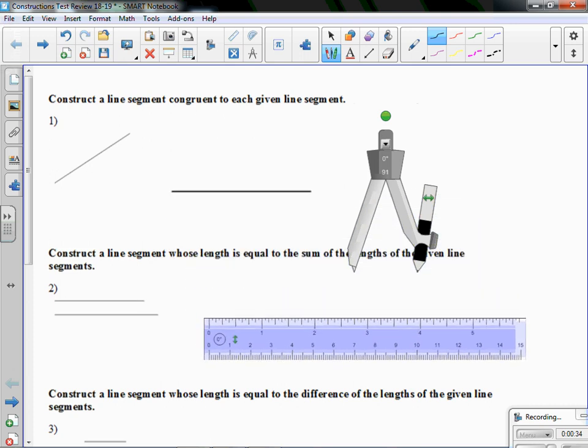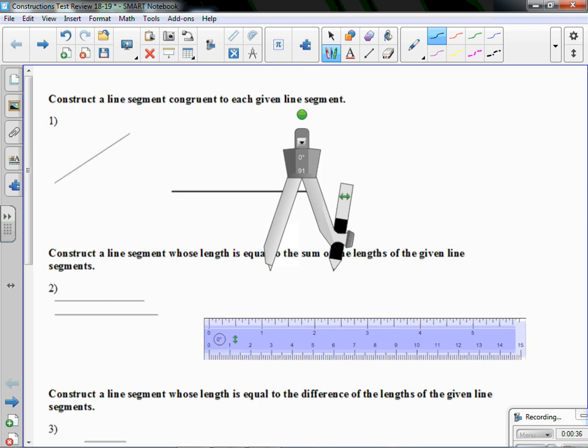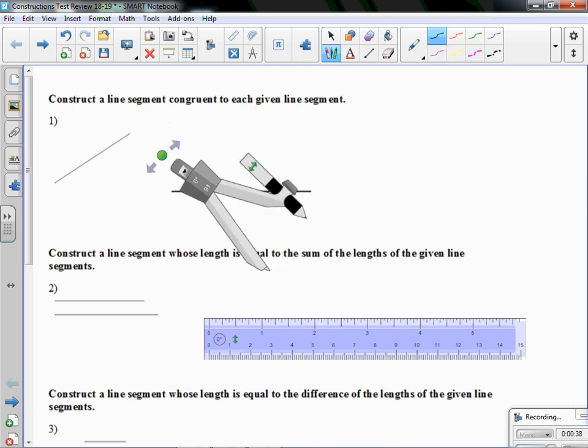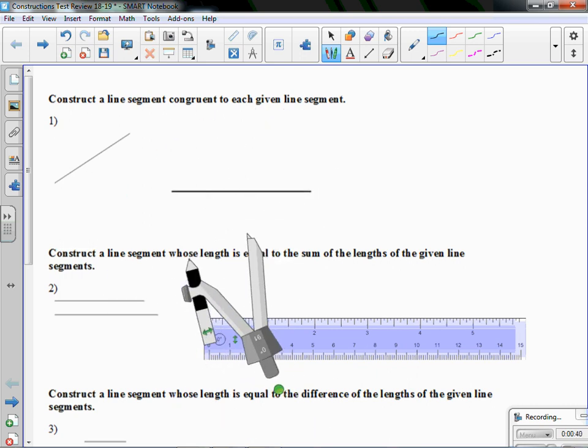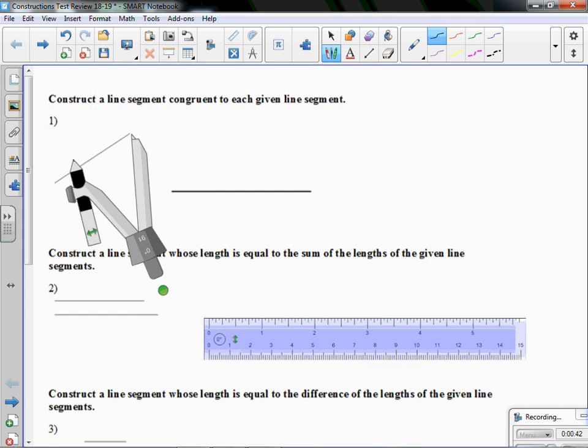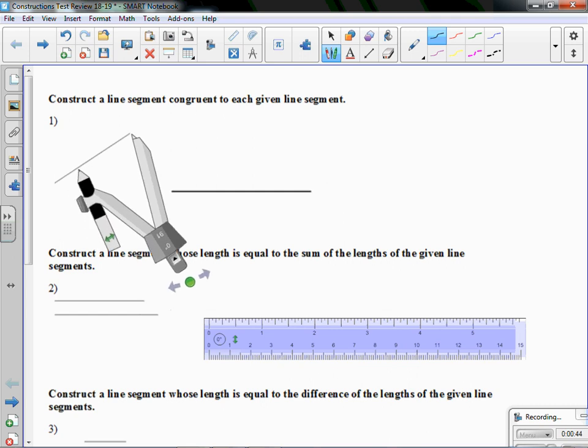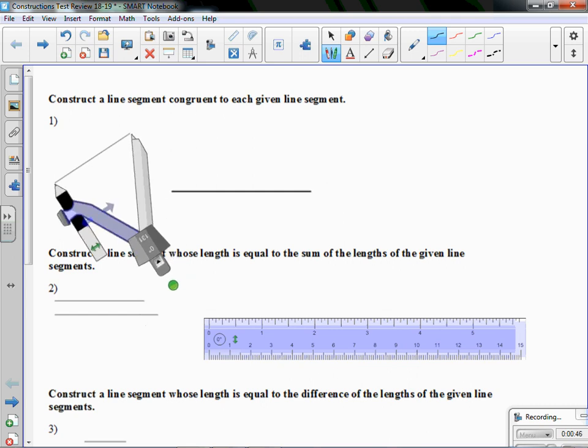And then we take our compass, bring it over, and use our compass to measure the length of the segment we're copying. Put the point at one endpoint and the pencil end at the other. Measure that length.